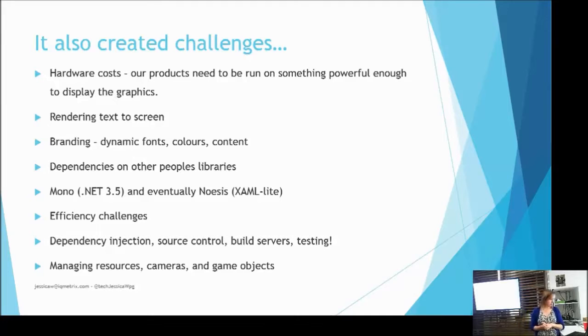Sorry, I think I was talking about cameras, but just having that kind of issue when we had the web on screen and the Unity on screen at the same time, that was another thing. And then just stuff we already know how to use that you don't think about anymore because you're kind of spoiled by it, like dependency injection and source control.